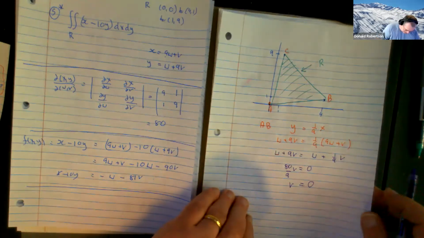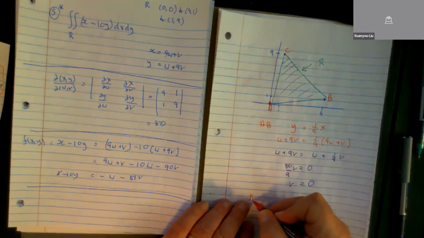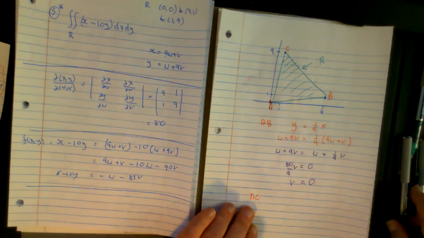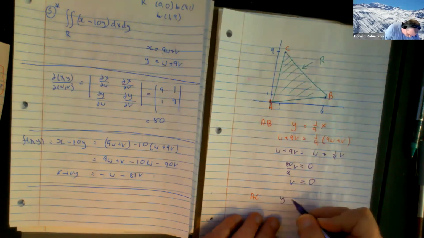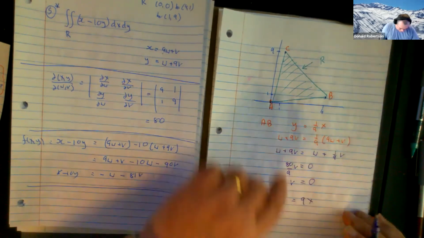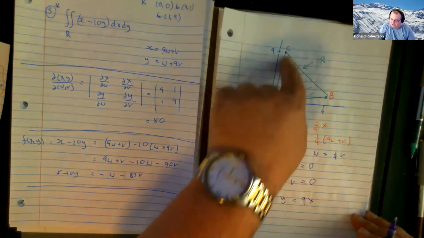Now I'm going to do AC, because I think that might be interesting. AC is also a straight line, but the difference here is that y would be 9 times x. So you're comfortable with slope and rise and run, right? AC is that.